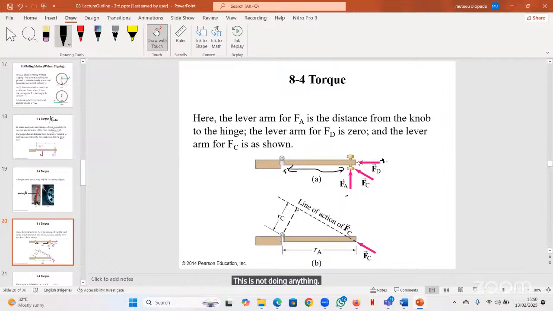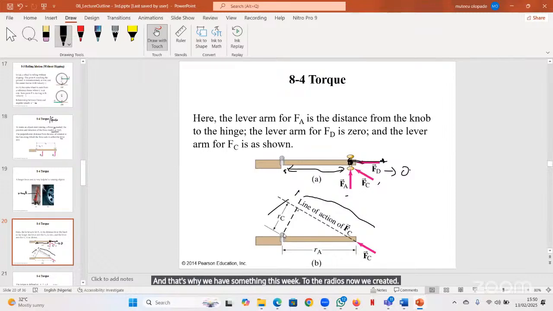This force is parallel to that point, so what we have here is 0. And the lever arm for FC is as shown below. FC is perpendicular, and that's why we have the radius RC, the distance from here to here.